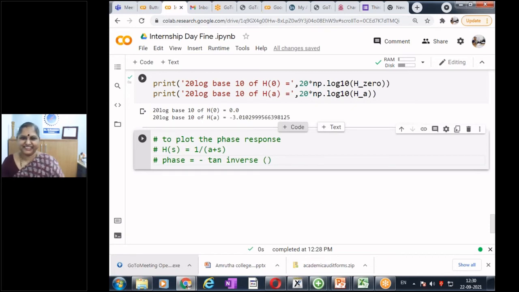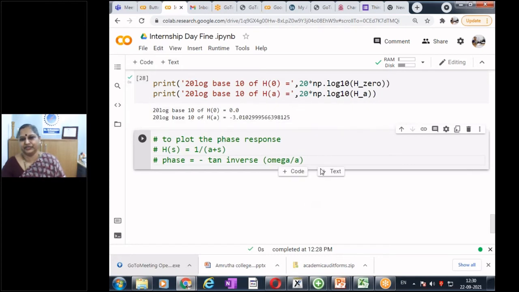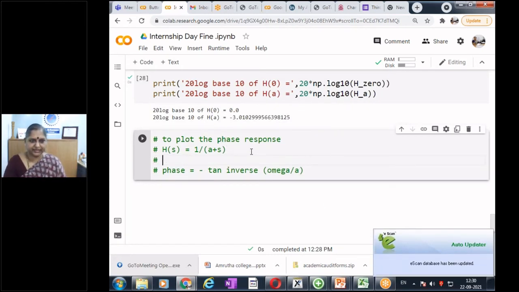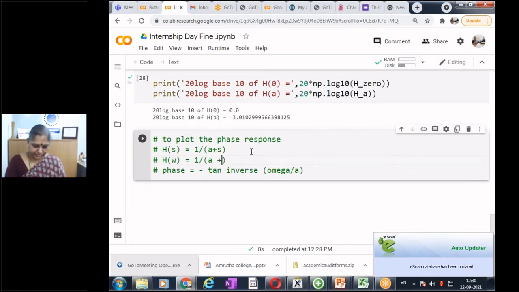Thank you. Yes, tan inverse of omega by A. With tan inverse of omega by A, I'll get the phase response, and that is it. H of omega, if I take, this is 1 by A plus j omega.